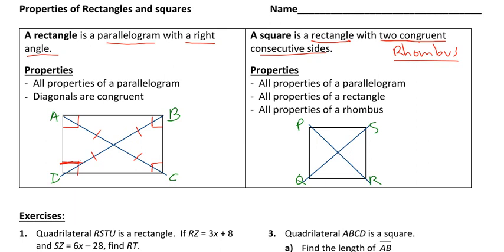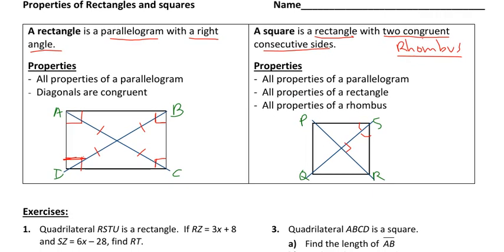The diagonals are perpendicular to each other. And also, the special property for the rhombus is that the diagonals bisect the angles. So, for example, this angle here would be equal to this angle here. And since this is a square and a square is a rectangle, the angles would be right angles. And so these little angles here would be 45 and 45 degrees.